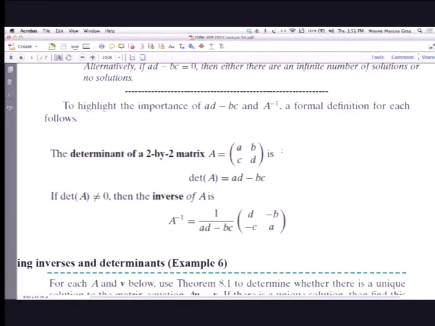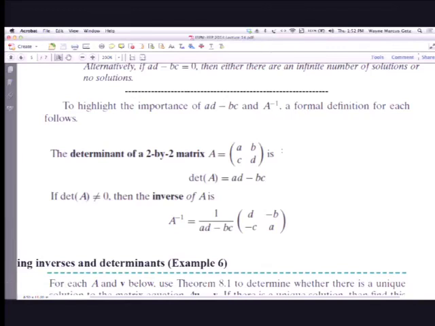The second one is going to be A times B, sorry, this is a D, so it's D times B, minus B times D. So that's 0.